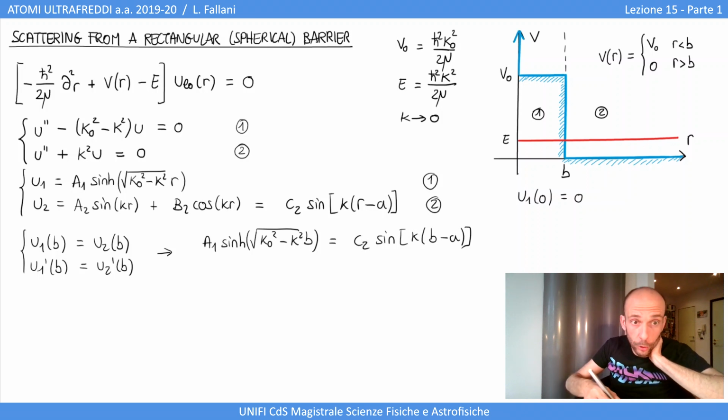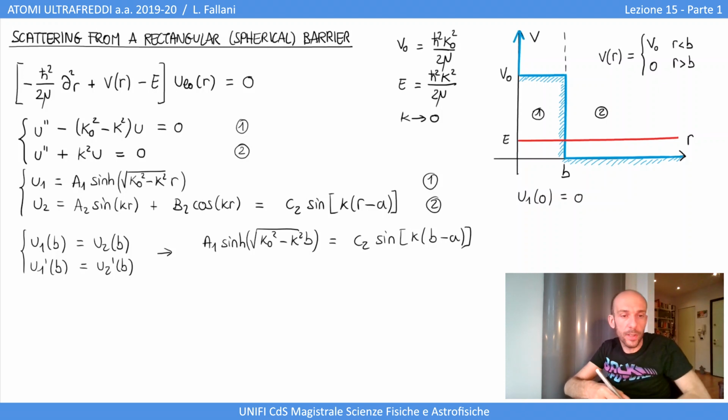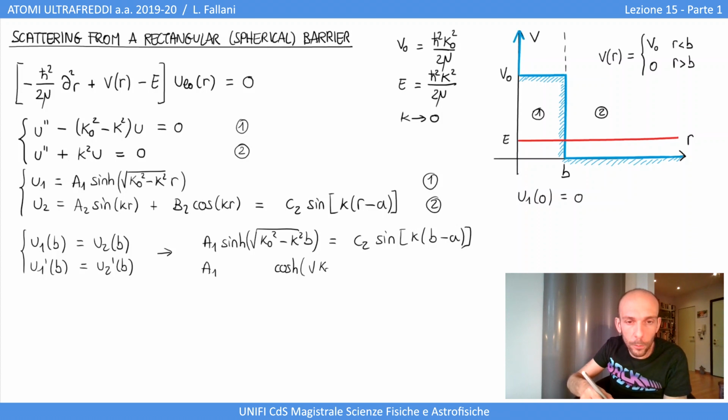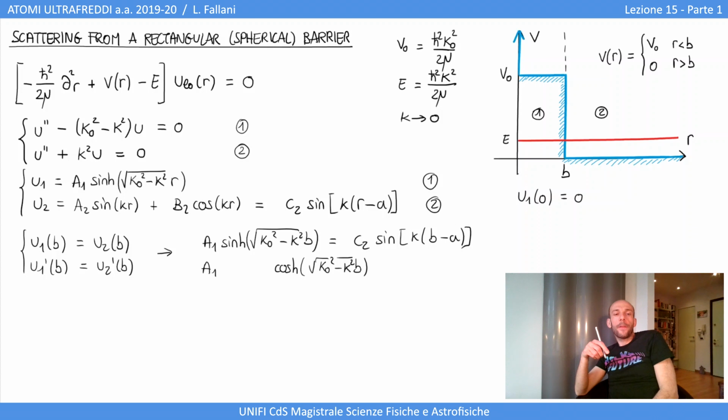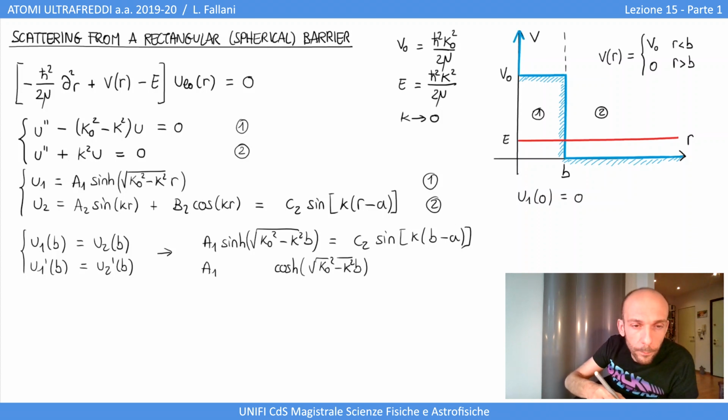While the second equation gives the derivative of u1. So the derivative of a hyperbolic sine is the hyperbolic cosine. So we have A1 hyperbolic cosine of square root of k0 square minus k square times b. And then the derivative of the argument, and so this is square root of k0 square minus k square.